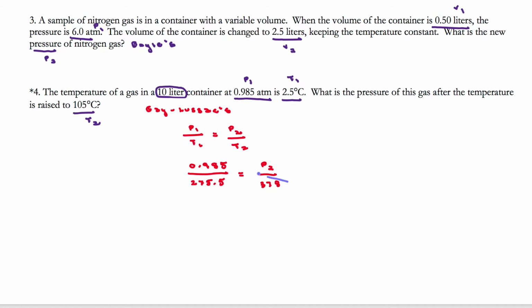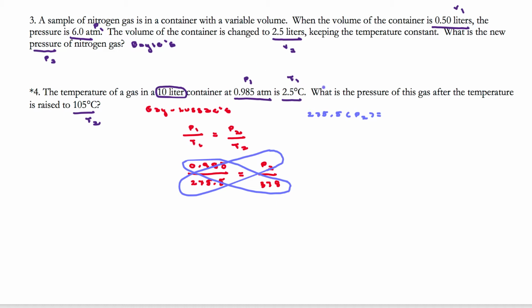I'm going to cross multiply. So what this tells me is 275.5 times my P2 equals, so I need to take 0.985 and multiply it by my 378.